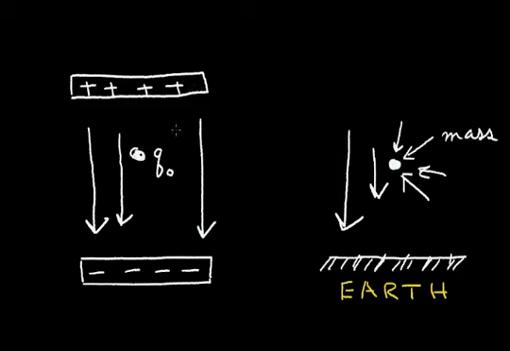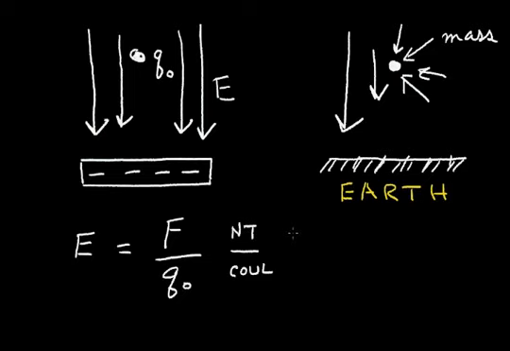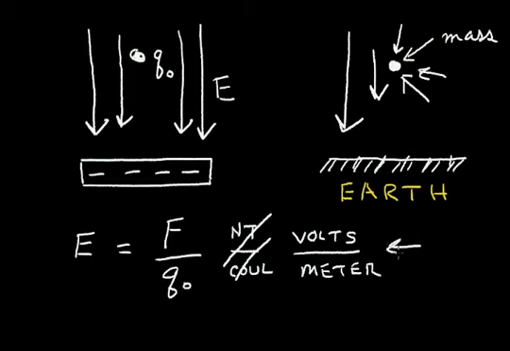And this is also equal to the units of volts per meter. So a newton per coulomb is equivalent to a volt per meter. So let's not use newtons per coulomb, just think in terms of volts per meter.